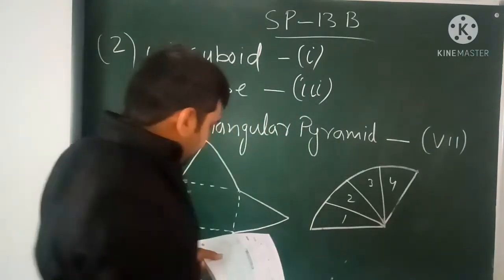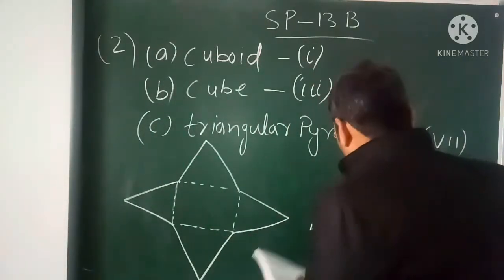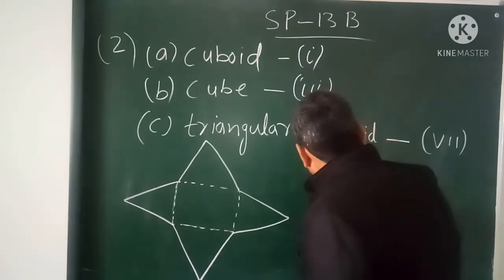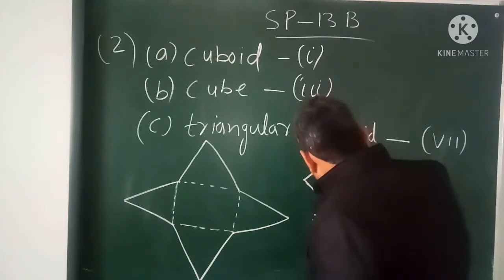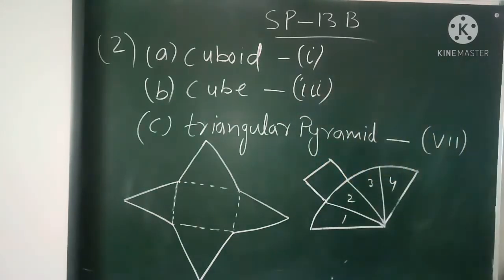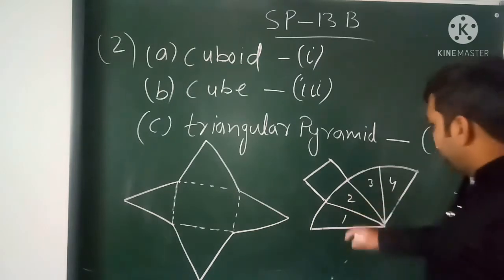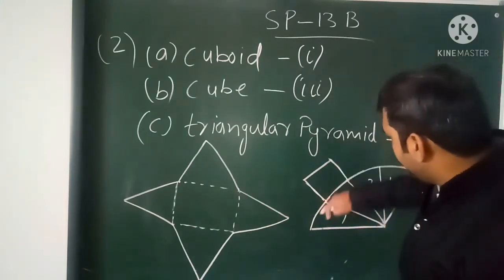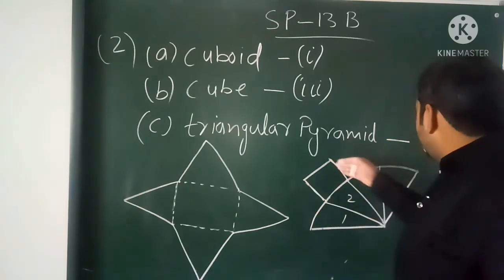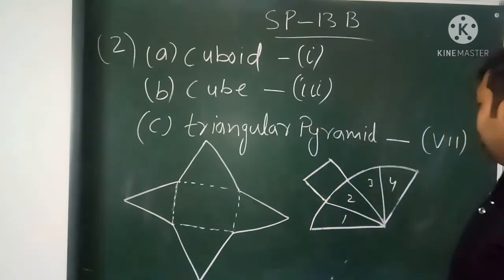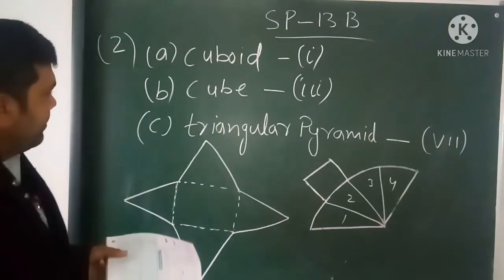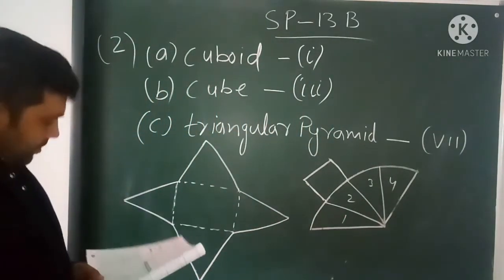For these 4 triangles, at the base you find the square or rectangle base here. Along each edge you fold it, this along, this along, this along, and that along. Like this it will cover, and you get a square pyramid.